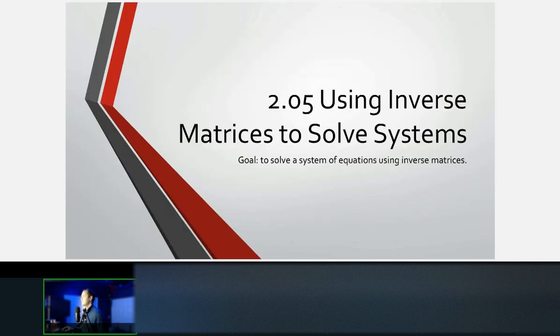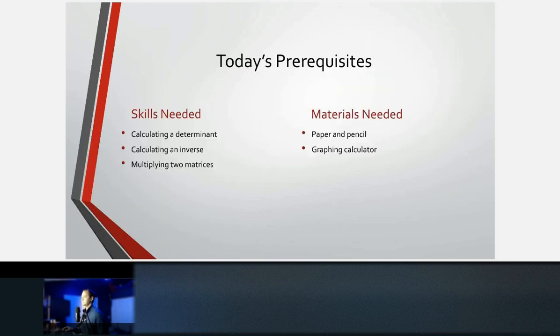All right, 2.05. We're going to use the inverse matrices to solve systems of equations. I need our paper, pencil, calculator, and then your prereq skills here.